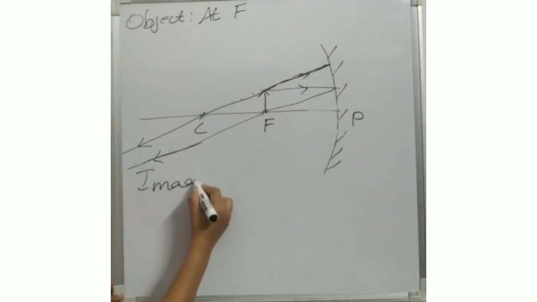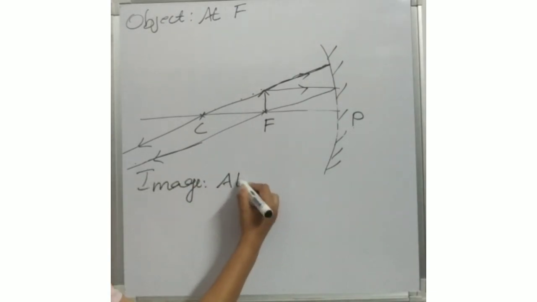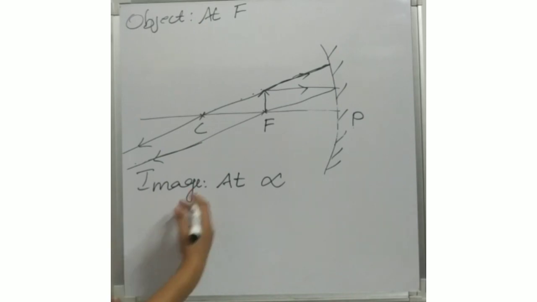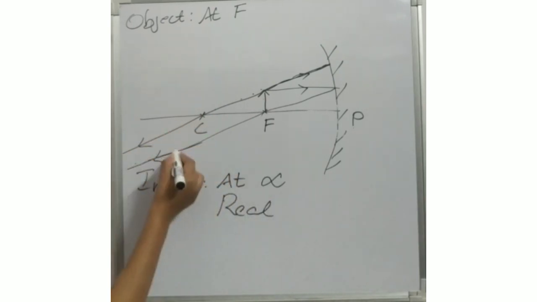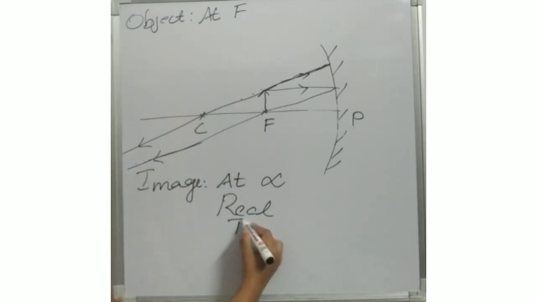So the image is formed at infinity, at a very large distance, when the object is placed at F. If they meet at infinity, the image will be real, because we are getting it by drawing real lines, and it is inverted.